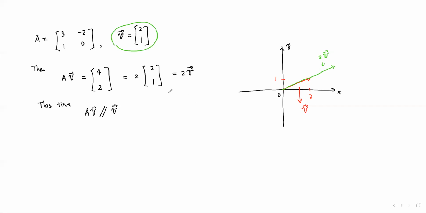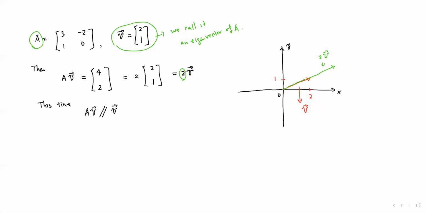In general, for an arbitrarily picked vector, usually A times V is not parallel to V. For this special vector, because A times this vector is parallel to the original vector, we call this vector an eigenvector of this matrix A. How about this number 2?